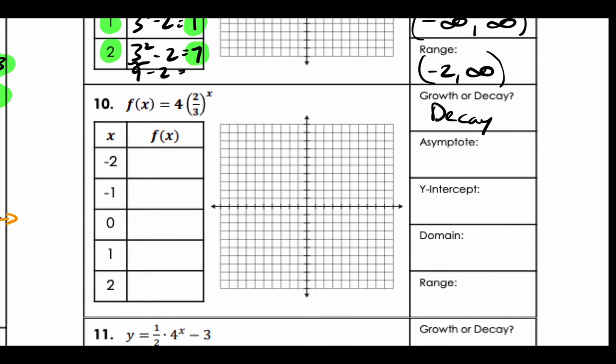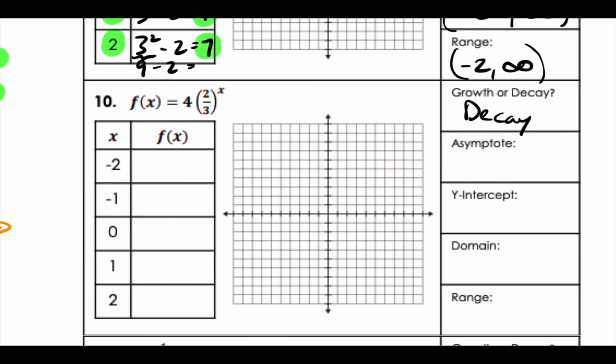All right. Okay, so before we fill out the rest, let's fill out the table. Okay, so -2 is going to take the spot of x. So it's going to be a -2 here. And then a -1.